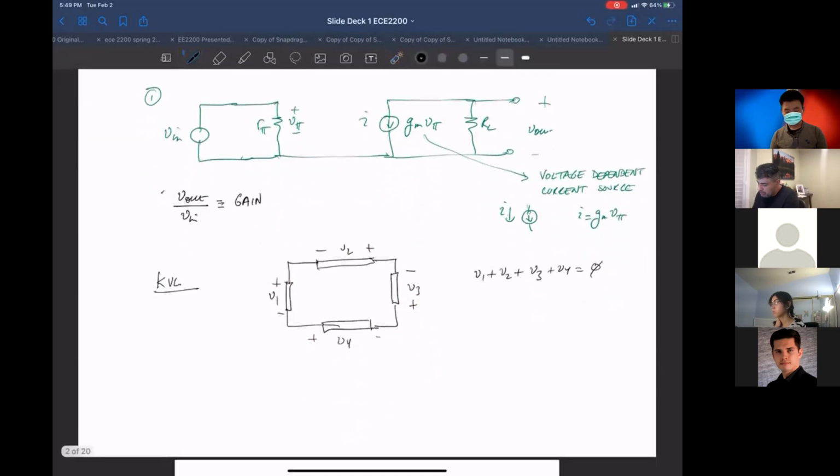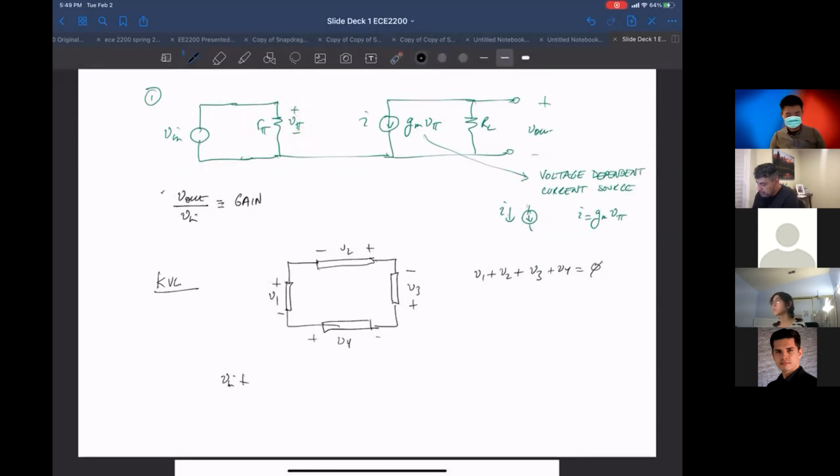So if you look at it in the context of just this thing here, what we're saying is V in plus this guy has to equal zero because it's a loop. Now the only thing is this V sub pi, look at how it's defined. There's a positive and a negative node around this V sub pi, okay?